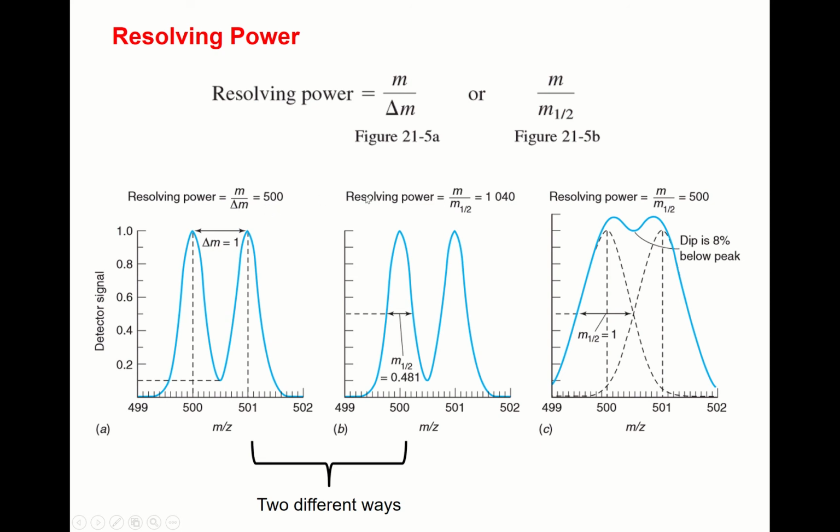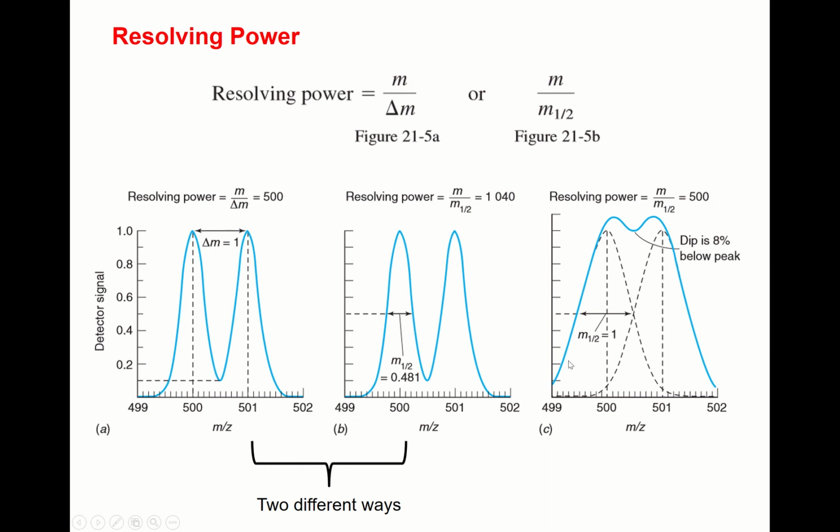There is another definition for resolving power: M divided by delta M 1/2, where delta M 1/2 is the mass difference at half maximum. In this case, at half maximum, the width is 0.481, and if we use this definition, the resolving power becomes more than 1000. Either way is okay, but you have to define which resolving power equation you used.